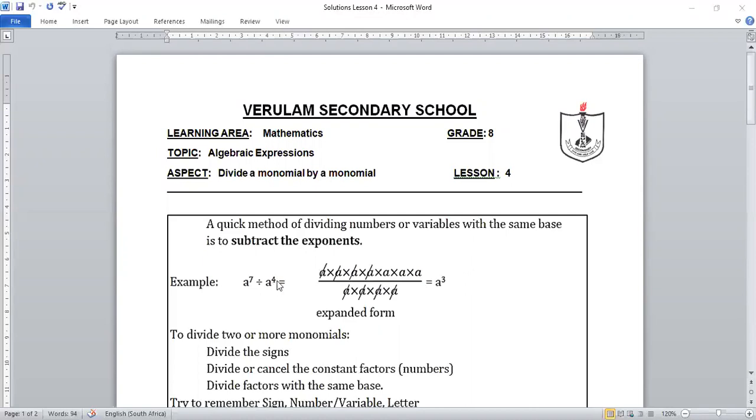A to the exponent 4 is written out here. So this is known as the expanded form. And your final solution is a cubed, because the a in the top and the bottom cancel. So you get 4 a's on the top cancelling out with 4 a's at the bottom, and what remains is basically a cubed.